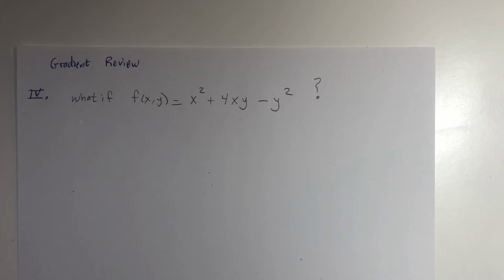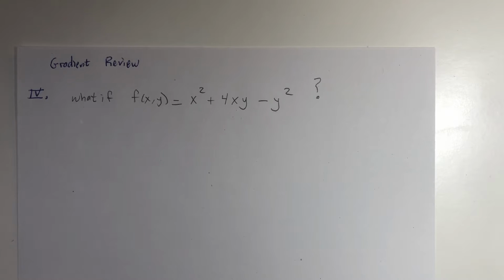This will be the last in a little set of videos looking at the first uses of how gradient works. In our book, this would be the last little trick you need to know in section 13.7.